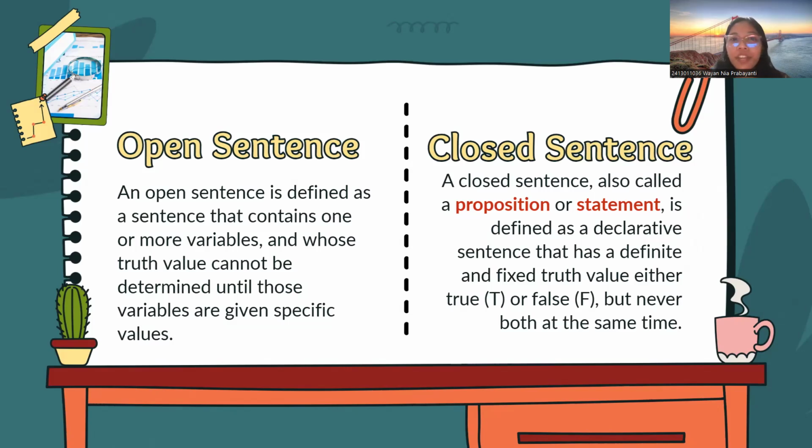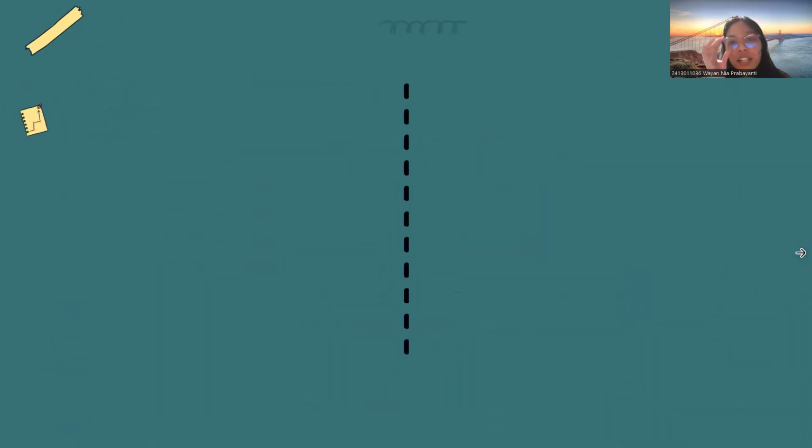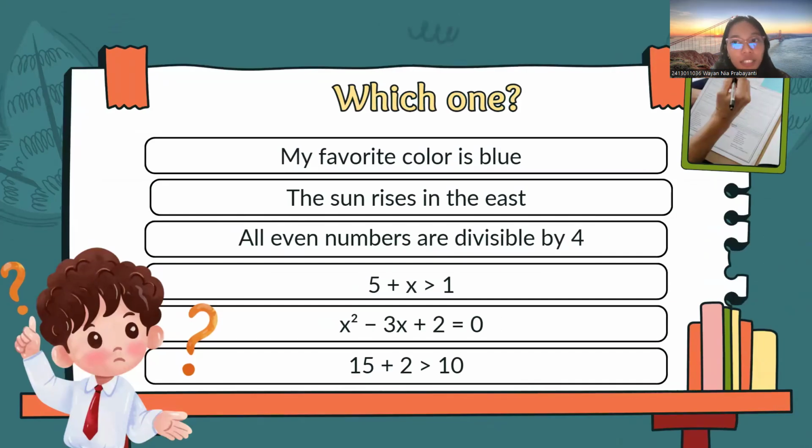Okay, for closed and open sentences, I have some examples for you. Can you determine which one is a closed sentence and which one is an open sentence? Who is going to answer this? Okay, Anna. So you say this is closed, open, and closed.